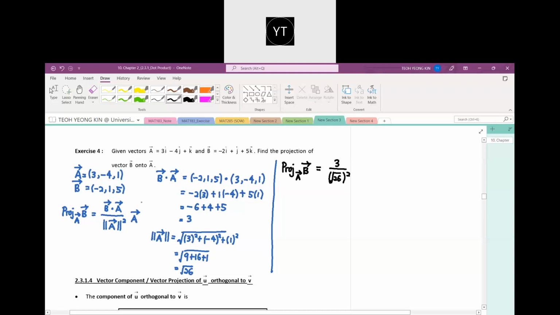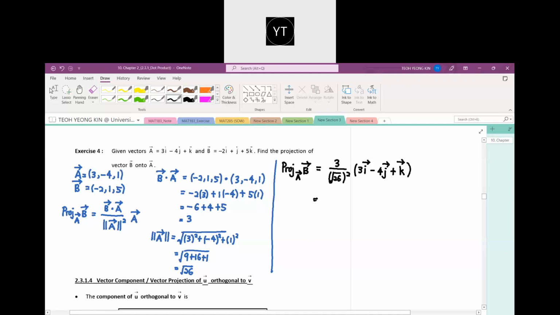Multiply with the vector A. Our vector A, either you want to write in the coordinate form, or you can write it in this form, 3i minus 4j plus k. So this is the vector A.